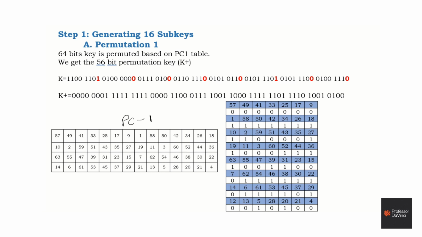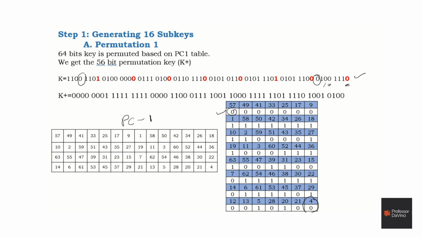In this we are going to map the 57th bit, which is 0. Same way the 49th bit, the 41st bit, like that we need to get the bits from the key. Let us say the 4th bit is 0, so here is the 4th bit 0. Like that we need to populate the PC1.